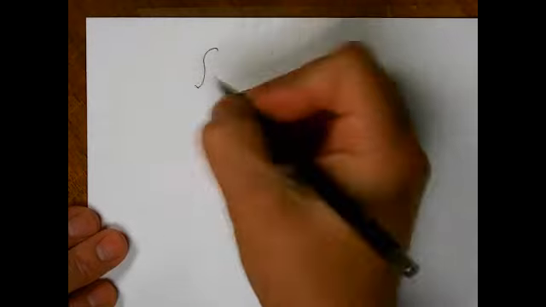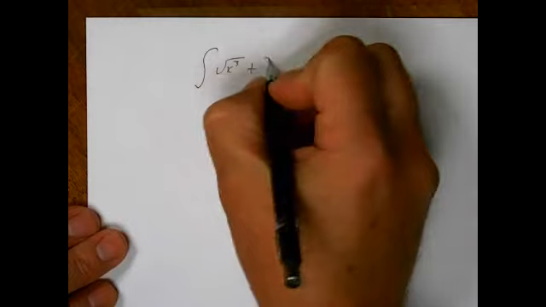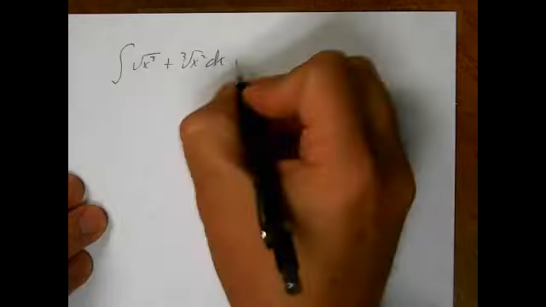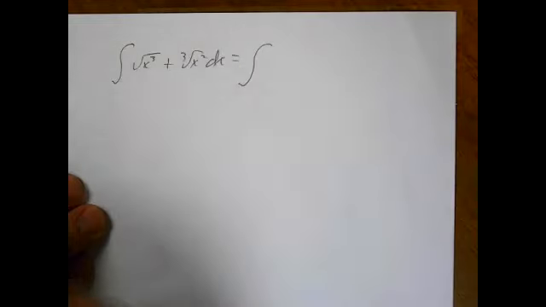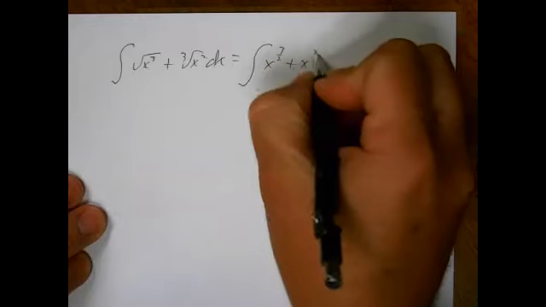Again, for the moment, we don't have any really fancy tricks or techniques that we can use. We just have to integrate things based upon what we know of derivatives. For example, an indefinite integral of square root of x cubed plus cube root of x squared dx. What we would need to do to make this look like something closer to a familiar derivative format is rewrite this as x to the 3/2 plus x to the 2/3.